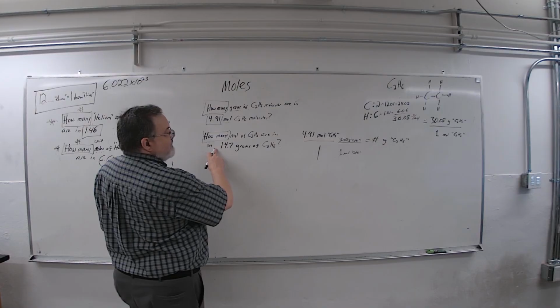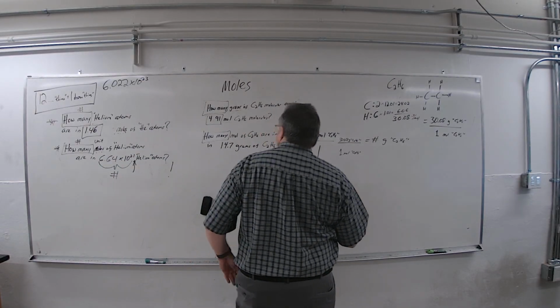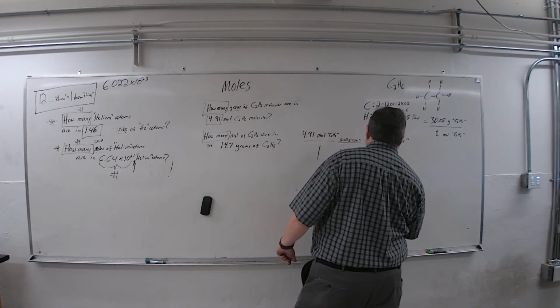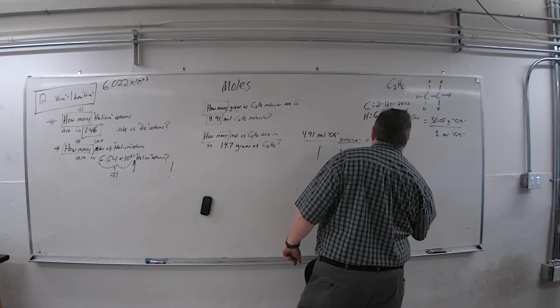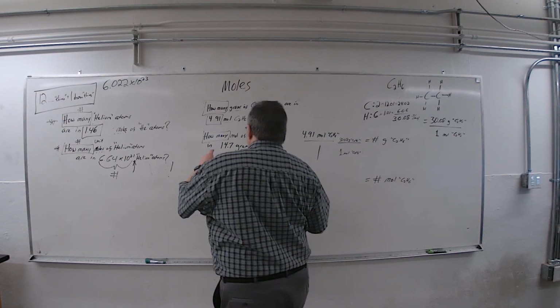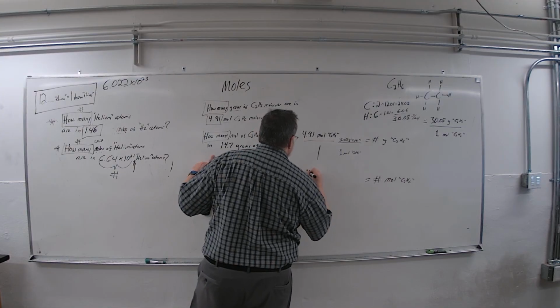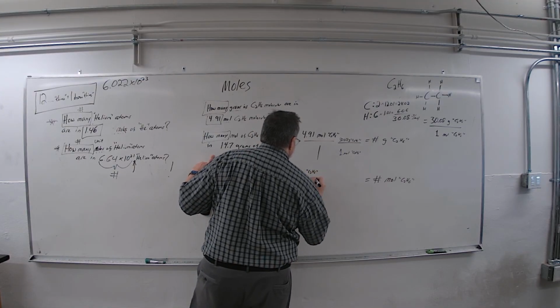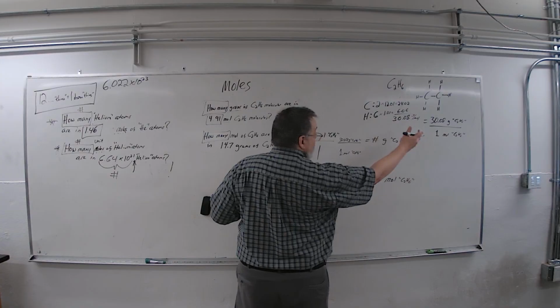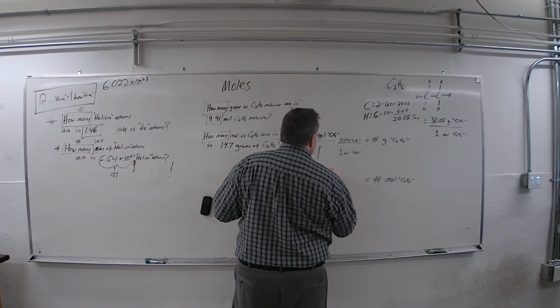Do this one. Good, I did that. This one is just the same. How many moles of C2H6? This time I'm going to flip that over and it's going to be 1 mole on top.